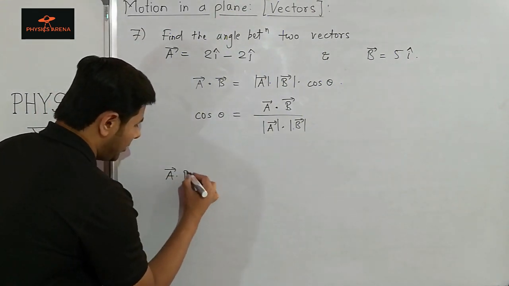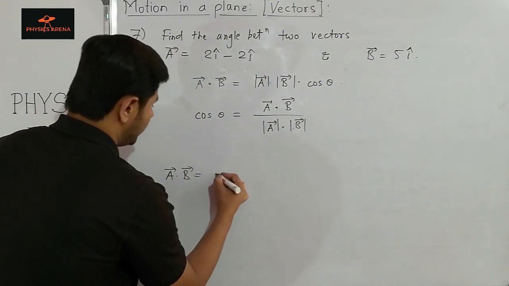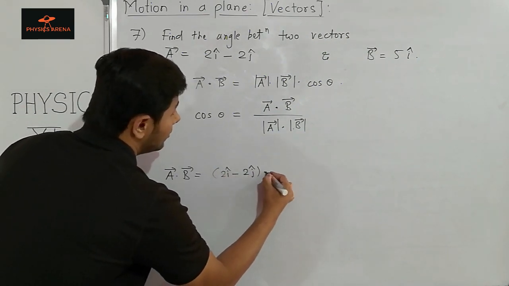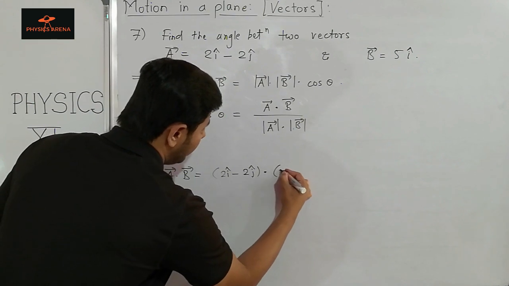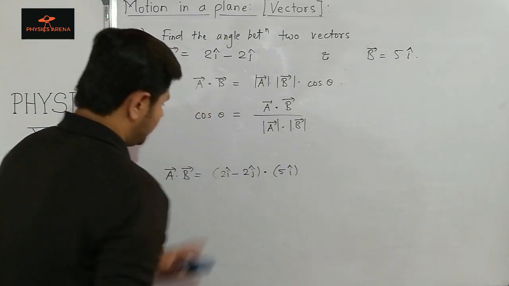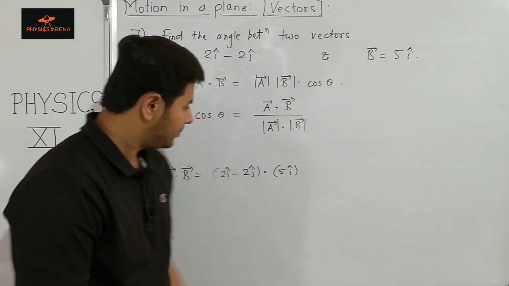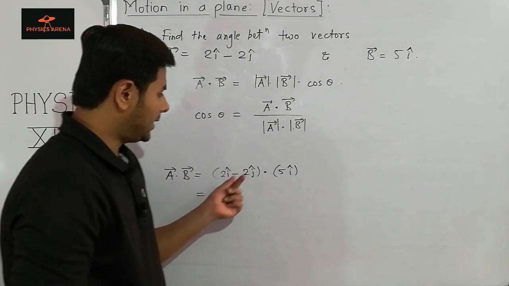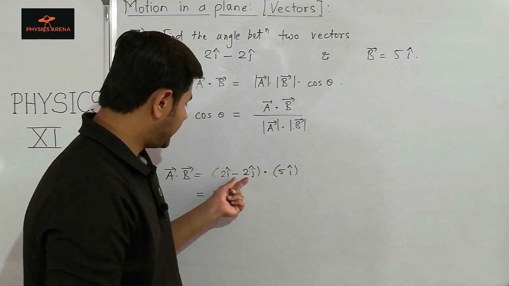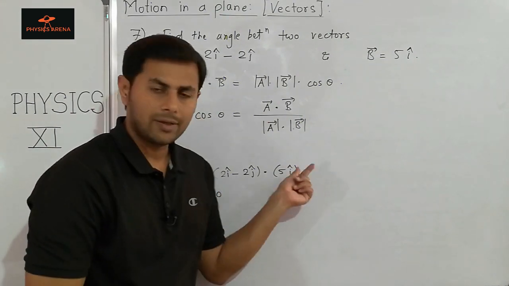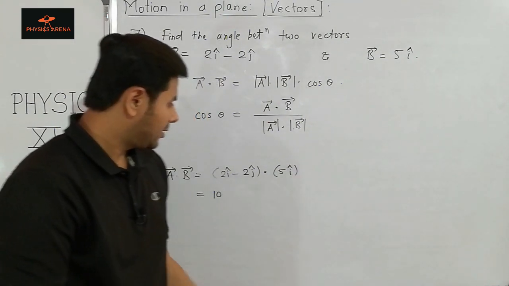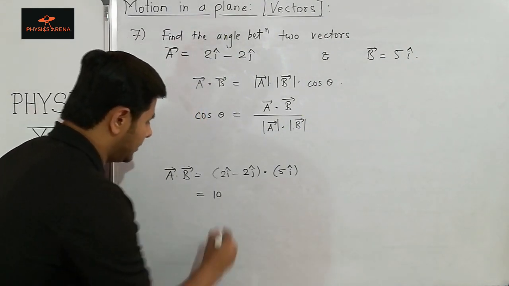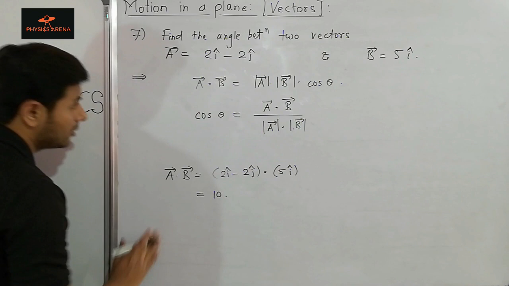So A bar dot B bar equals 2i minus 2j dotted with 5i. So 2i times 5i gives me 10. i times i is 1, and there is nothing in the second vector as coefficient of j, so we have only 10. A dot B is 10.